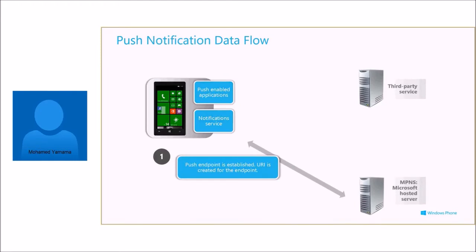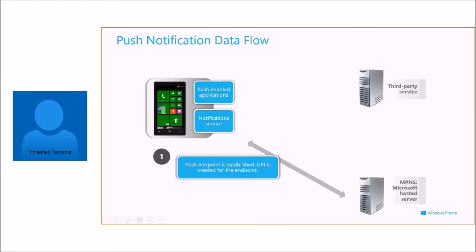Once you run the application, your application running on the phone requests a push notification URI. It sends through the notification service to the MPNS, the Microsoft push notification service. It asks it for a URI so that it becomes detectable. I'll take you through the data flow and then tell you exactly why everything is happening here.